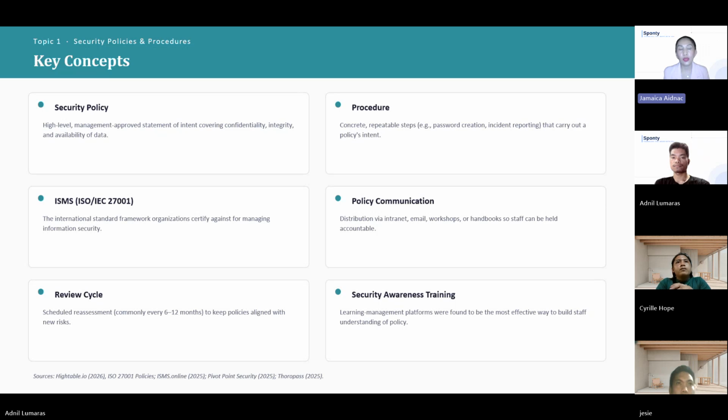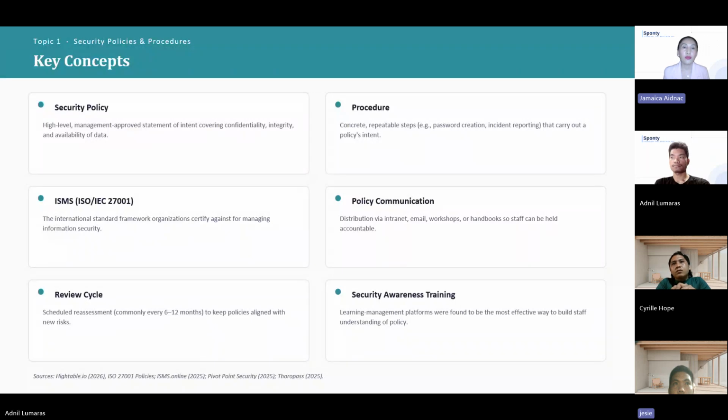They reduce risk by turning abstract security goals into daily repeatable habits. And they also preserve institutional knowledge that would otherwise leave with departing staff. So, how do organizations build and maintain them?